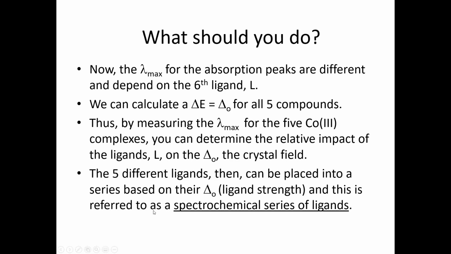And this is referred to as the spectrochemical series of ligands. So basically just arrange different ligands according to their delta zero, the energy, from large to small, then that is our spectrochemical series of ligands.